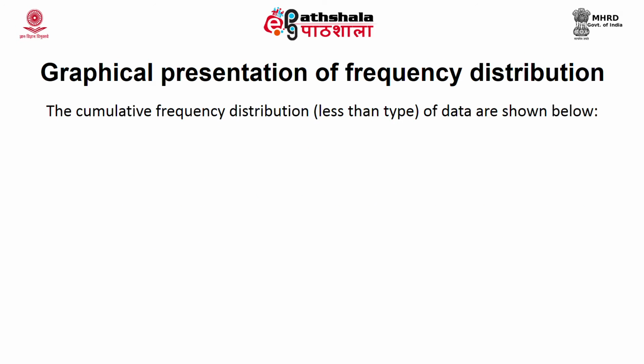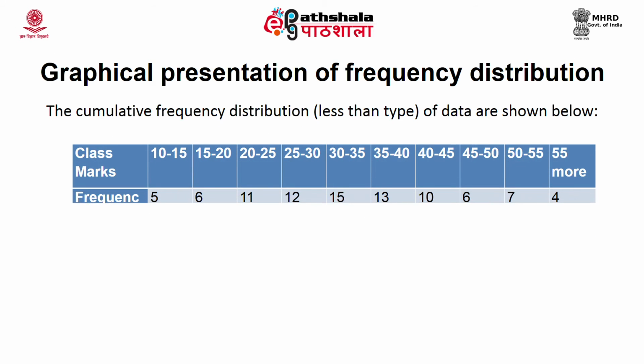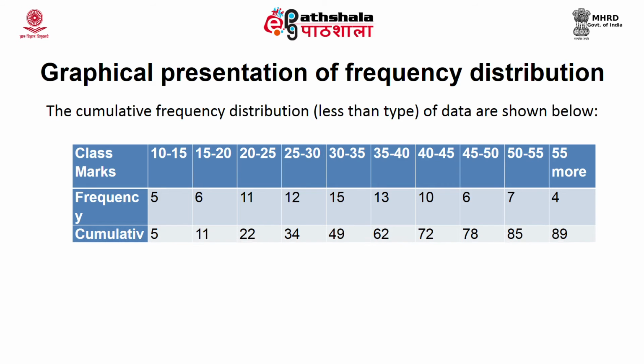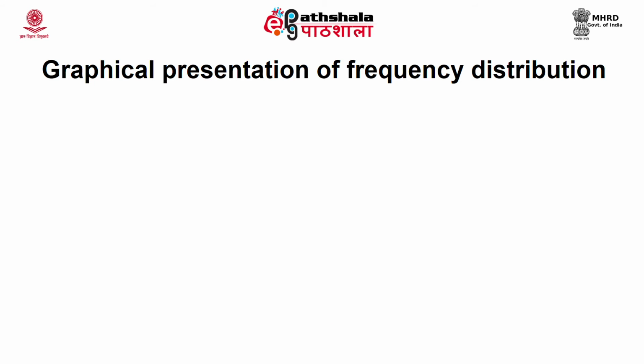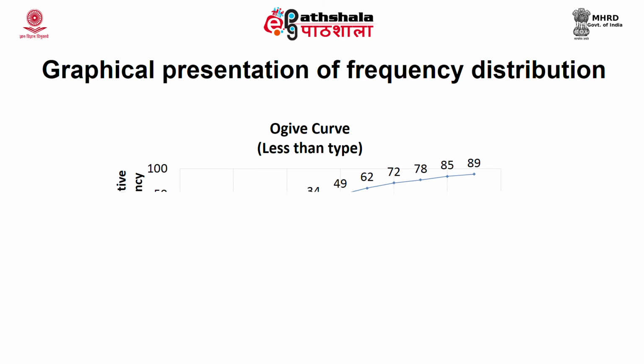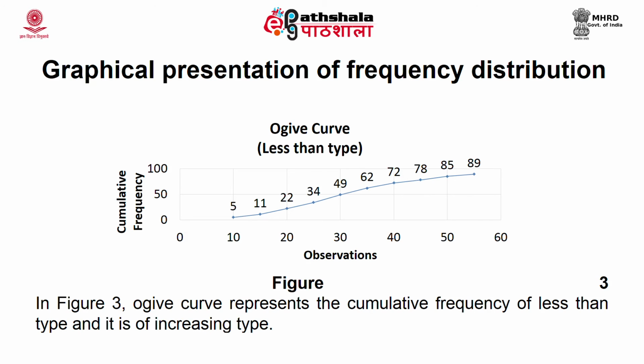Now, from table 2 you can see we have class marks in the first row and the corresponding frequency value, and in the third row we have the cumulative frequency value of less than type. The cumulative frequency values are shown here. Now we can see from figure 3 that we have an upward trend curve, that is an ogive curve of less than type.